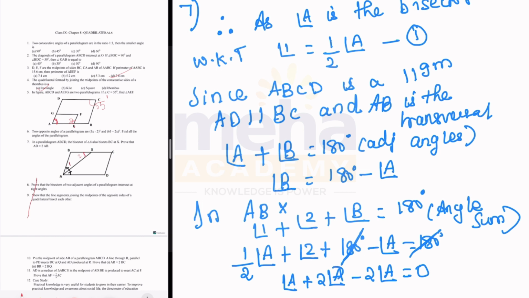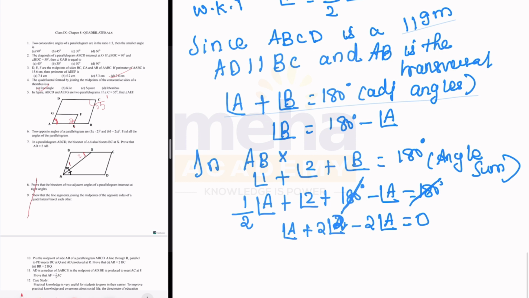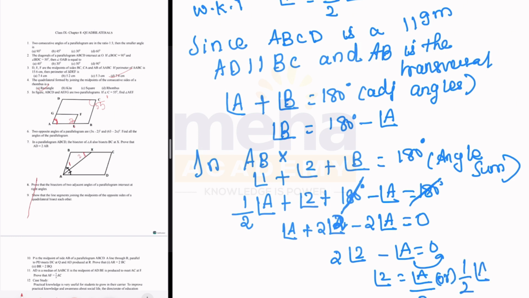This is 2 angle 2. So when I solve it, this would be 2 angle 2 minus angle A is equal to 0. Angle 2 is equal to, this angle goes to the other side, angle A by 2, or I can say half of angle A. Let us keep this as 2.